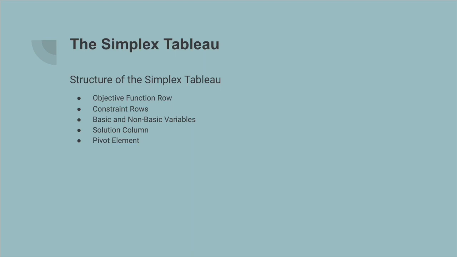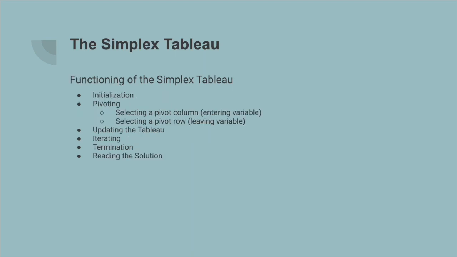Alright, so now that we understand the structure of the simplex tableau, let's talk about the functioning of the simplex tableau. We start with an initial tableau. If the initial system is not in the required form, additional steps like introducing slack or surplus variables or applying the two-phase method may be necessary.